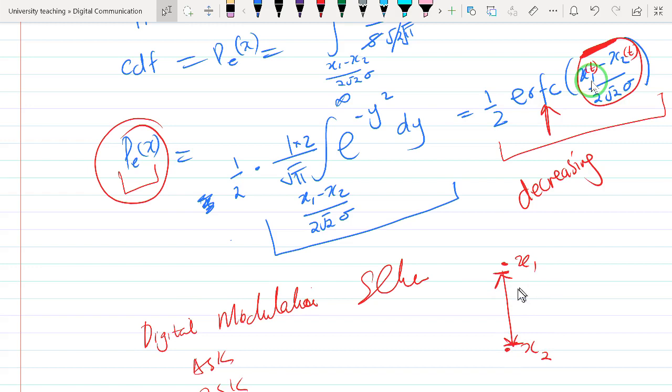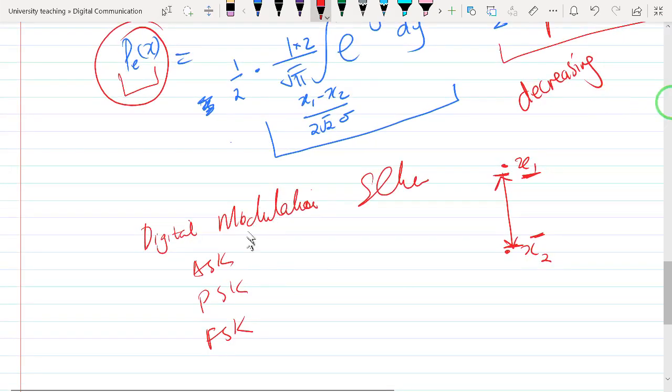When we have a very small distance between the two levels of the received signals, then we are going to have a higher probability of error. So we will be using this function. We will not be deriving it again. We will be using this function to find the probability of error in ASK or BASK, BPSK or BFSK, and other coherent modulation schemes.